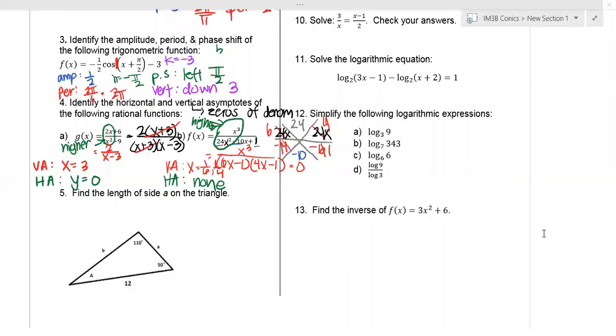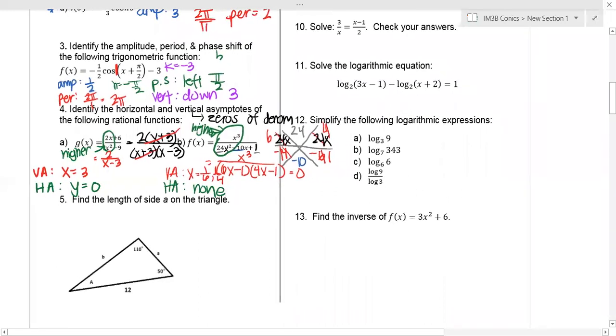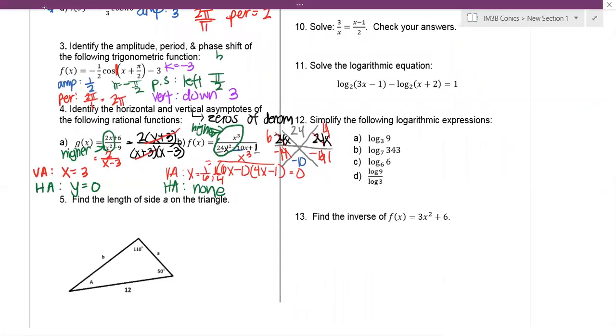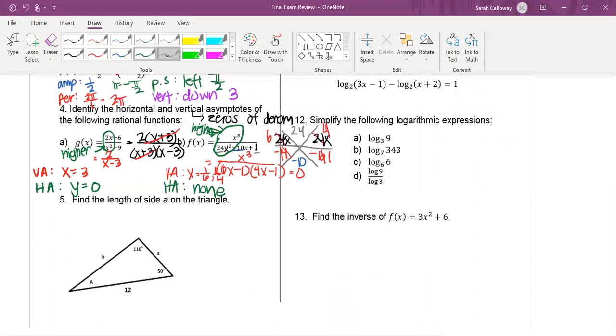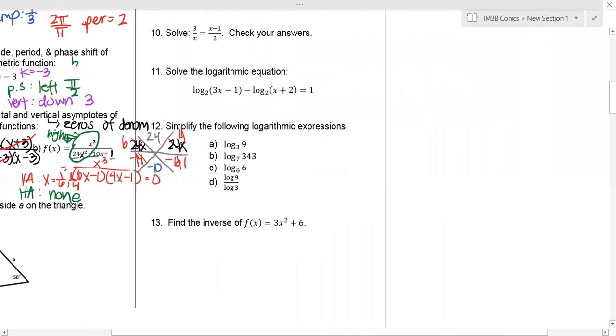Okay, sorry. So the other situation is if they have the same degree. So for example, if instead we had, and I'm just going to draw over here so that you guys can see this, let's say we had 2x plus 5 over x minus 3.